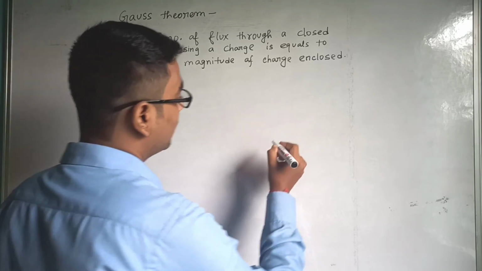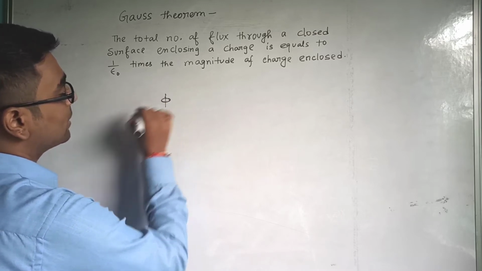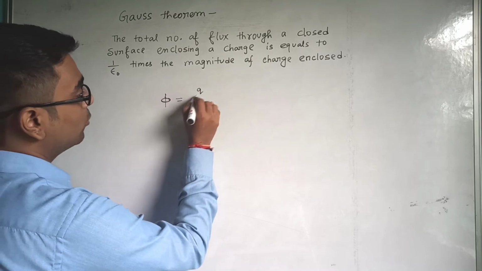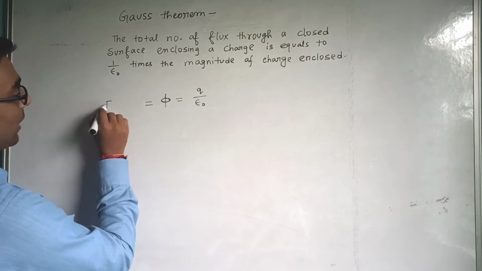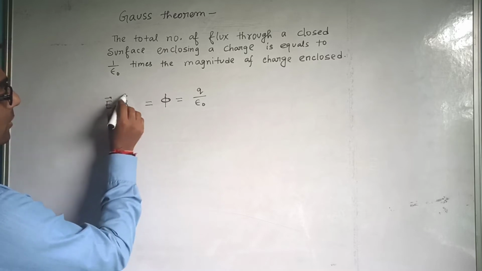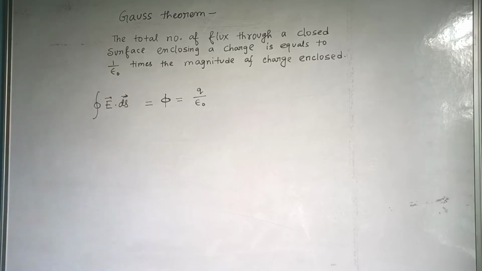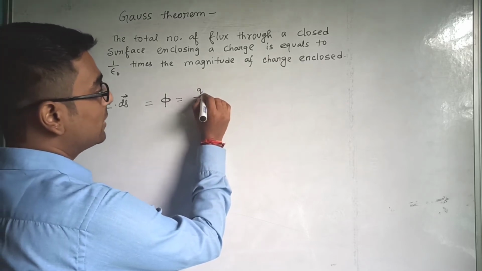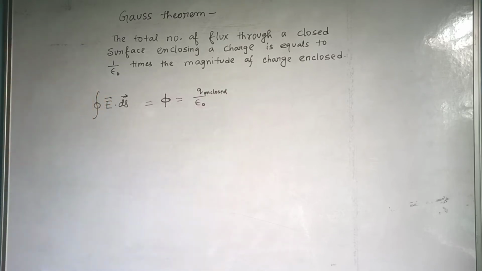Mathematically, total flux phi is equal to q by epsilon naught, where phi is E dot ds, integrated over the whole surface. So phi is equal to q by epsilon naught, where q is the total charge enclosed.